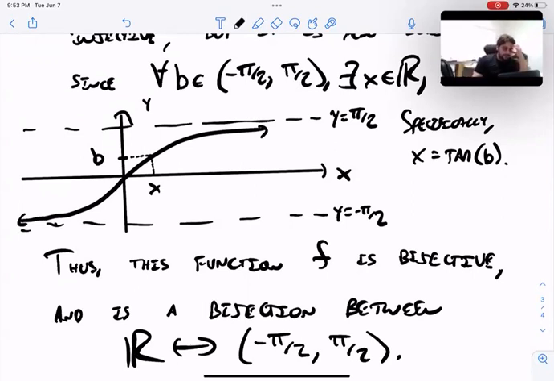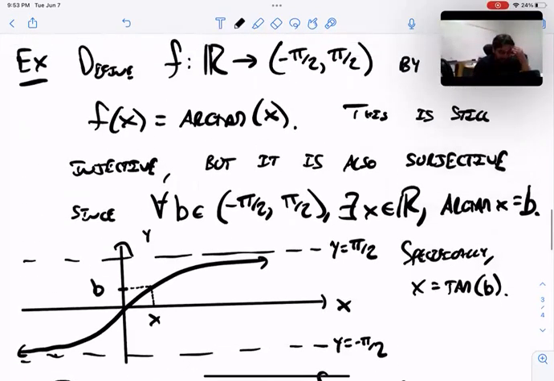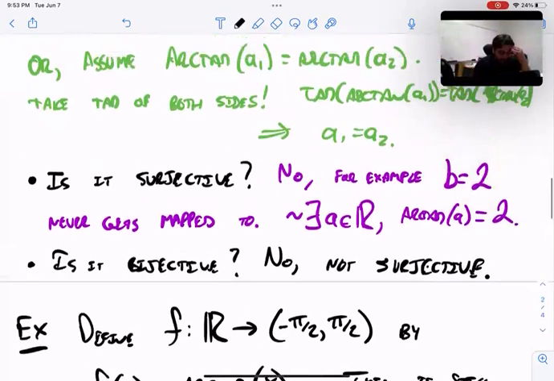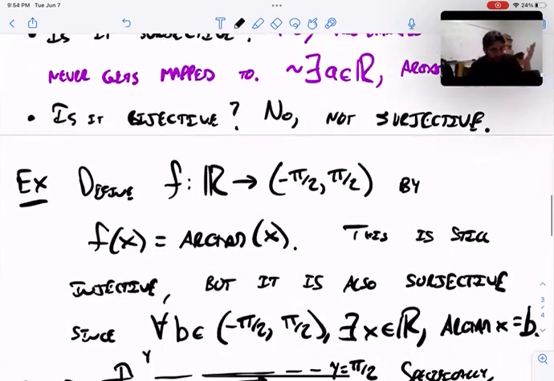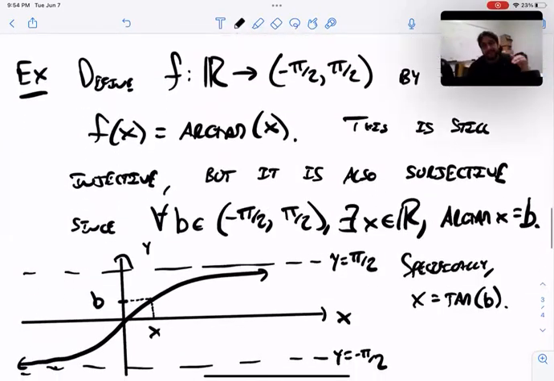So this function f is a bijection between those sets. It's just something to be aware of. Sometimes, if you ask whether this function f in this example is equal or not equal to the function f that we defined in the other example, people say that functions are equal even if they have different codomains.